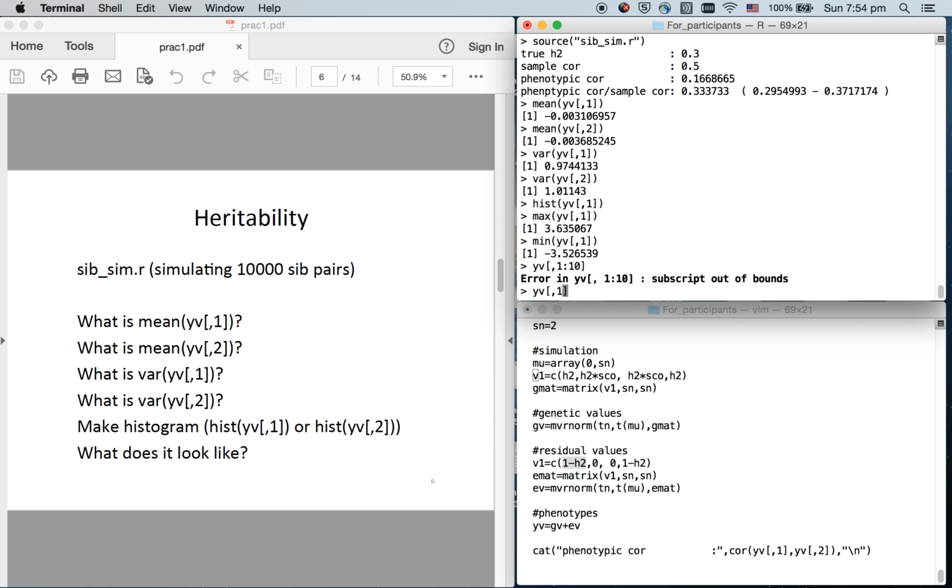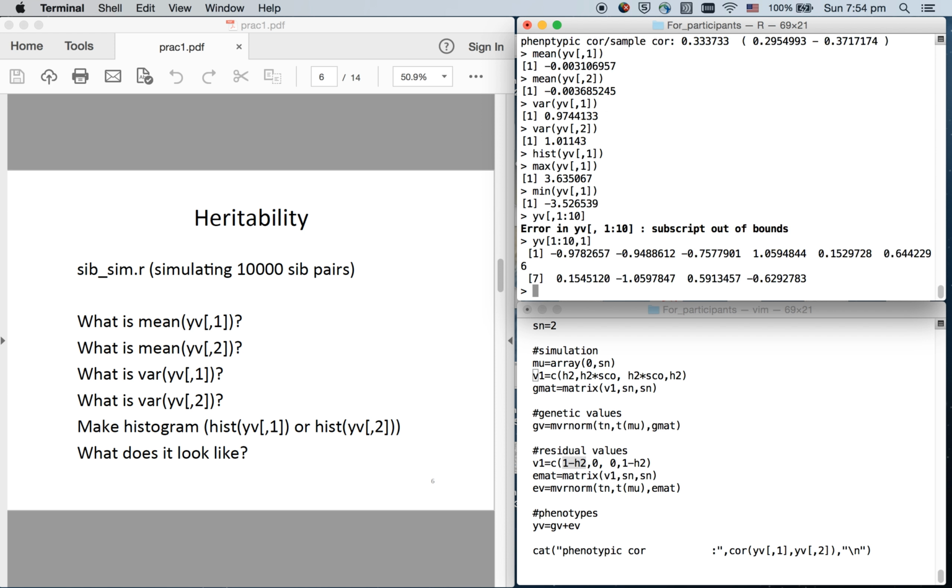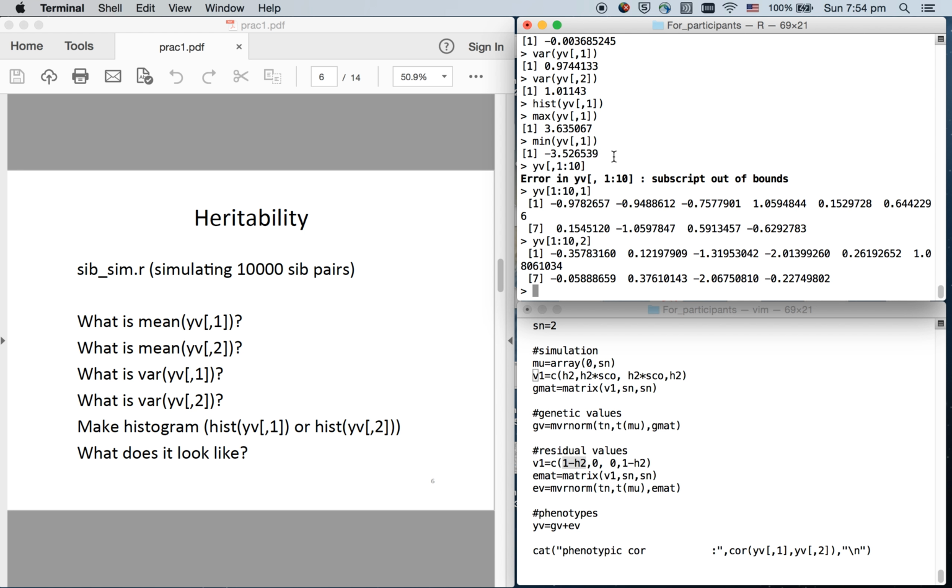So 1 to 10. This is the first sib, and this is the second sib. You can see this is from the first to the 10th family, with the first DZ twin and the second DZ twin. So actually, the phenotypic correlation is the correlation between this vector and this vector, right?